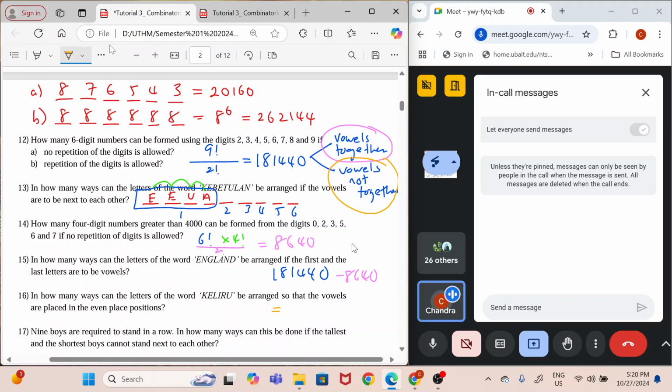I'm just giving an extra question here for you to do the next questions. If you do this, the answer is 172800. So that's the answer.